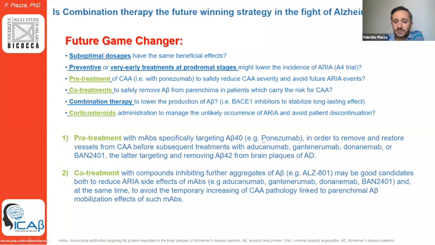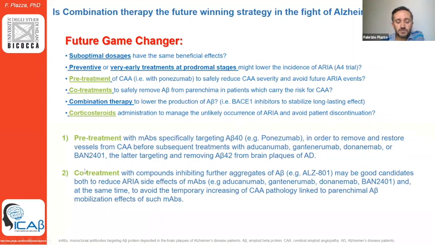We can safely remove beta amyloid from the vessel, so we can treat CAA, and then we can administer aducanumab or the other antibody, gantenerumab, which will hopefully be available in the near future. And so the beta amyloid removed from the parenchyma can safely be removed also from the vasculature.